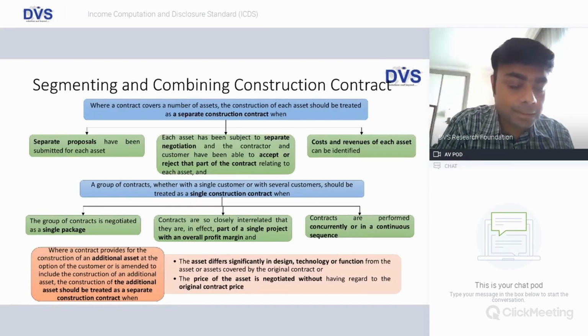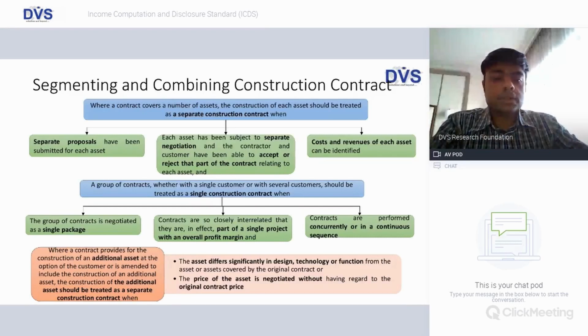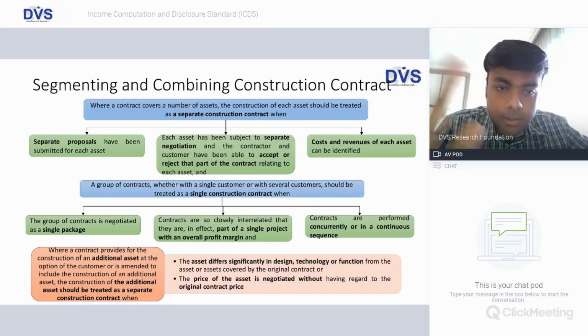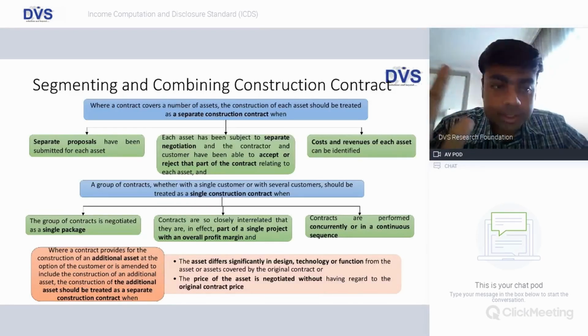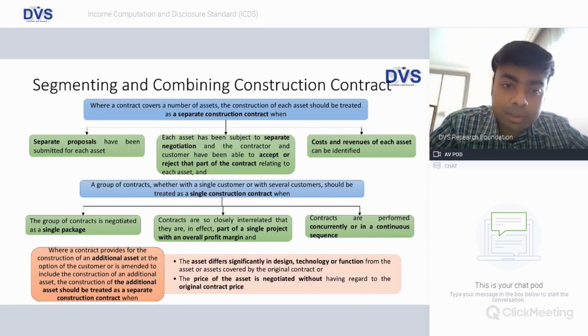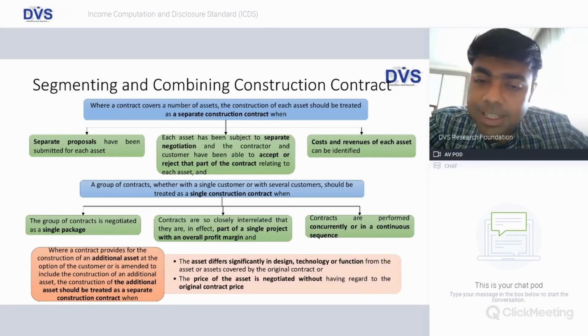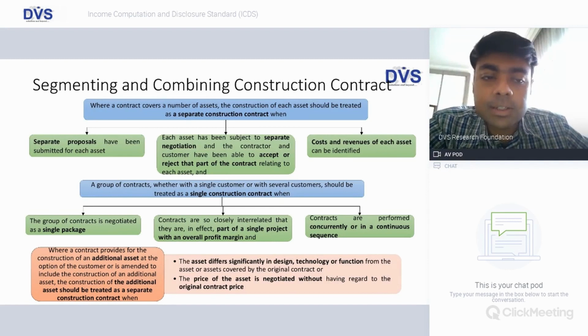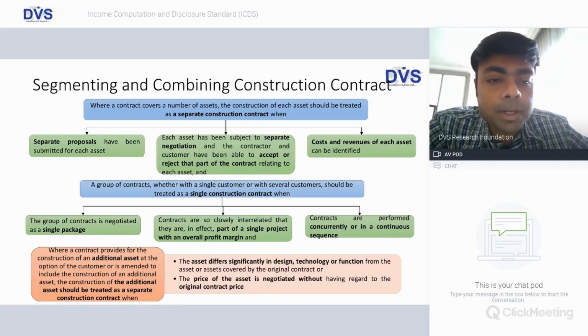So this is a case where even though it is one particular relationship, the contract covers a number of assets, and the construction of each asset or an asset class shall be deemed as a separate construction contract.